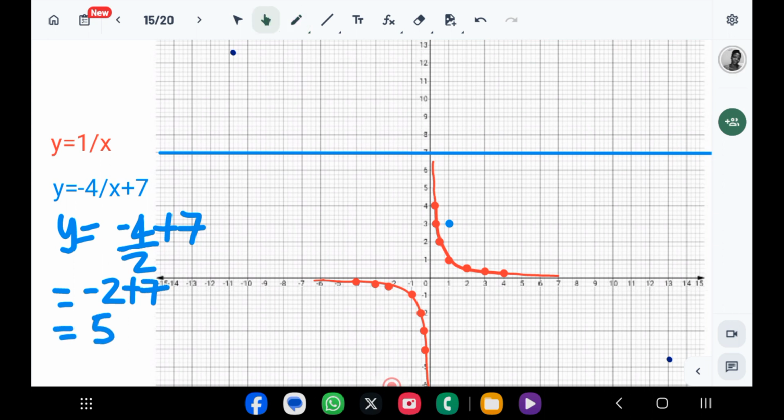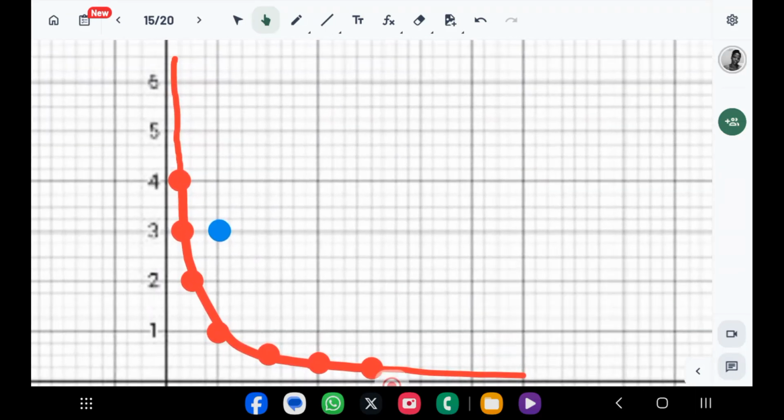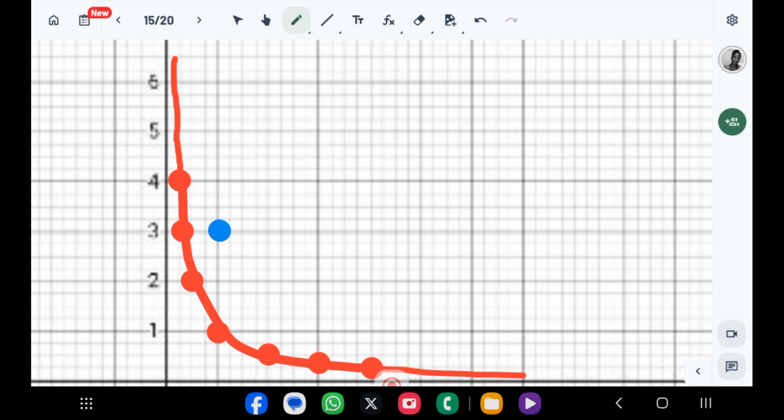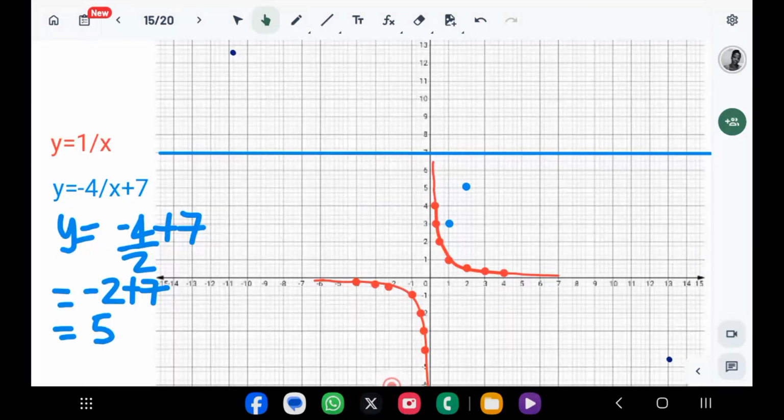Alright, when x equals to 2, we have 5. 2 is over here. Y equals to 5. That's the point there. When x equals to half, yes, let's find the half.